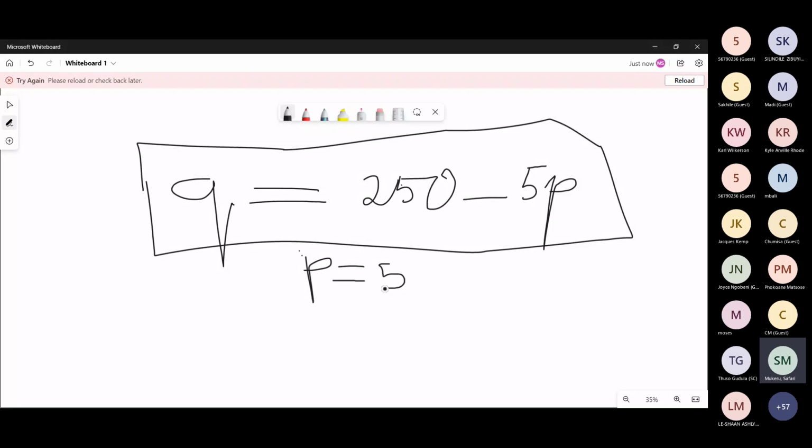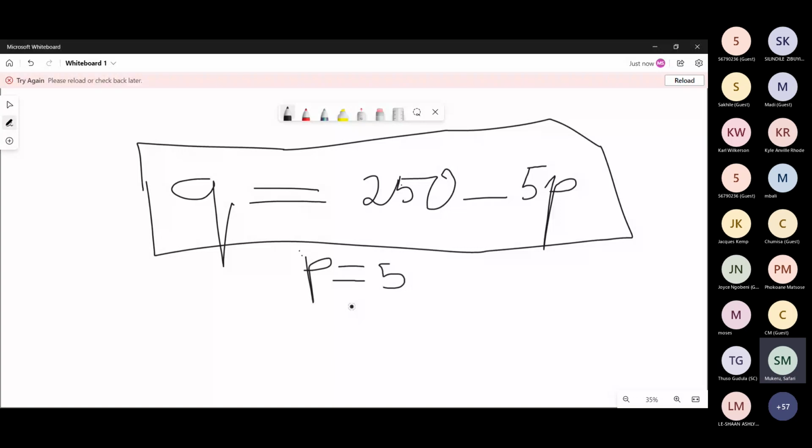Answer me, please, simple. If we fix the price as 5 per calculator, how many will the company sell? 225.